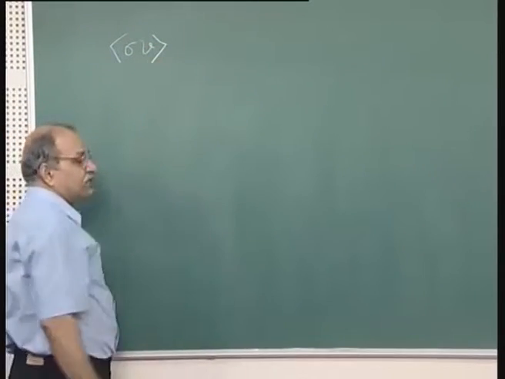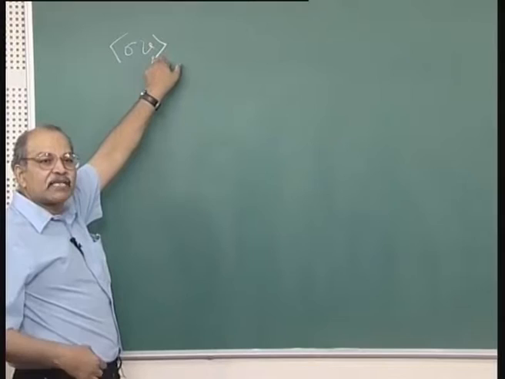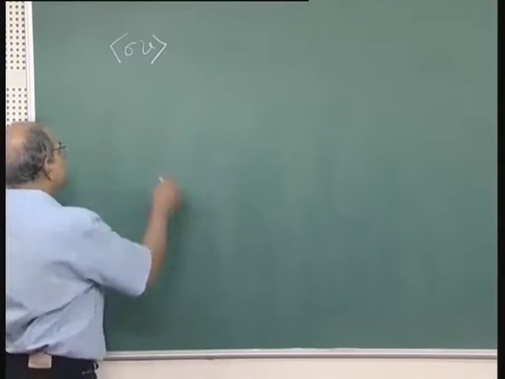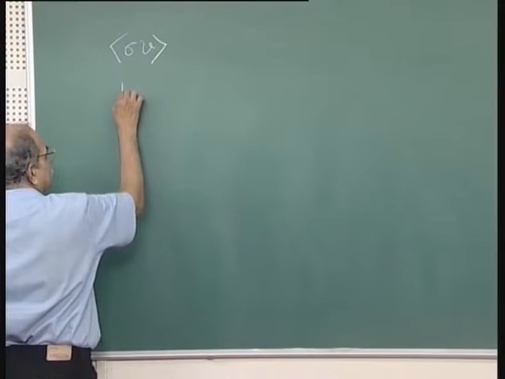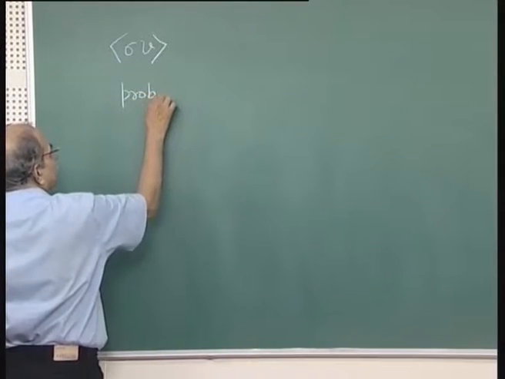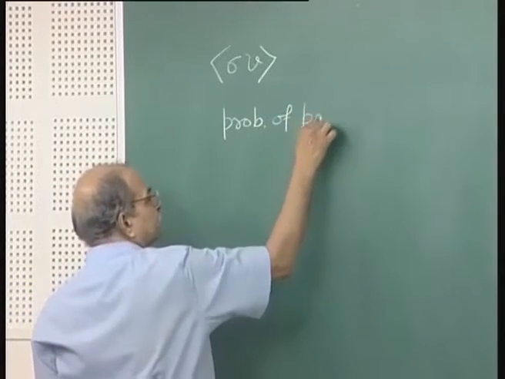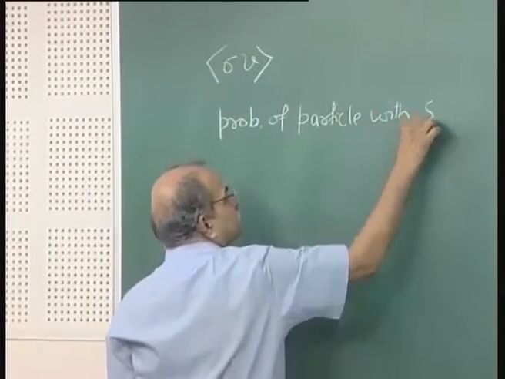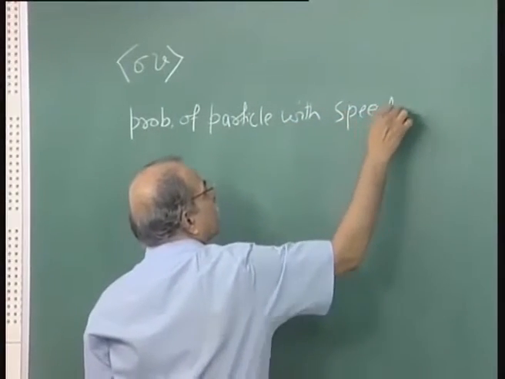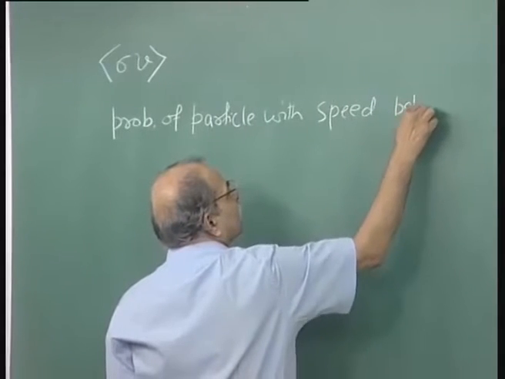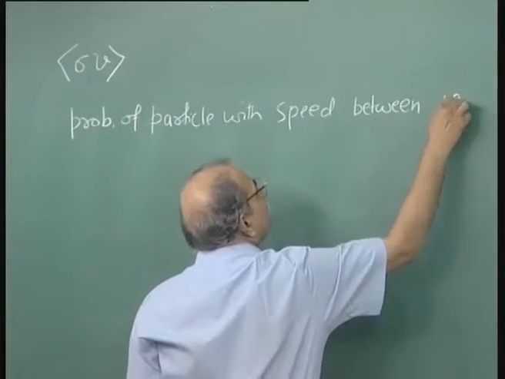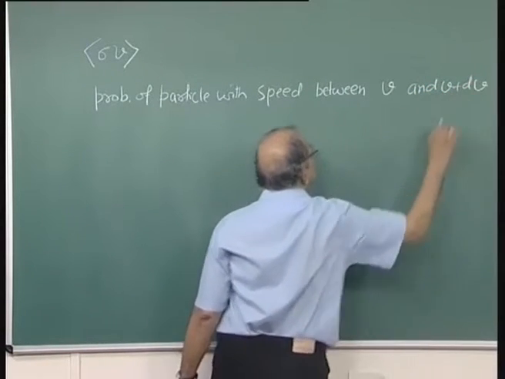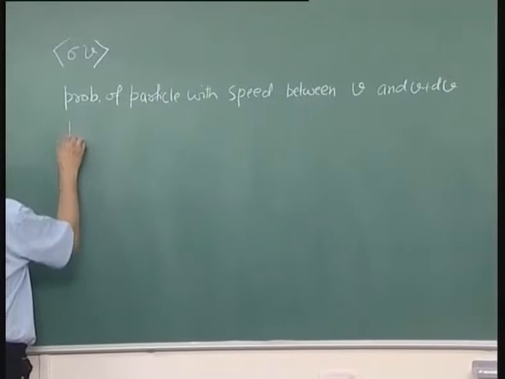Remember, velocity v, relative velocity v has a Maxwellian distribution, and that is why this averaging is needed, and that distribution is the probability or fraction of particles with speed between v and v plus dv, we can call it P(v) dv.